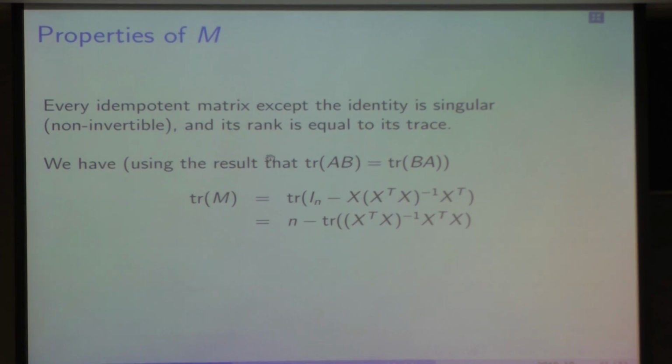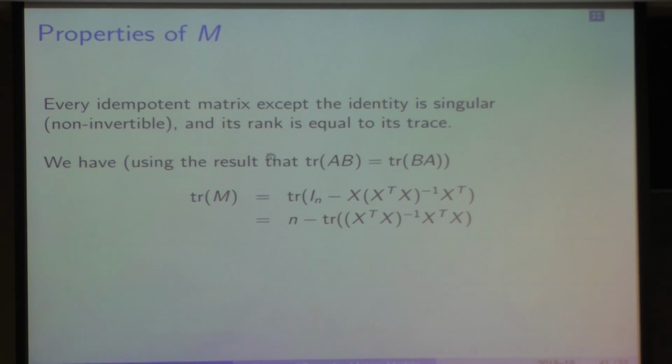Now the trace of the bit on the end, we're going to use one more property of the trace of a matrix, which is that the trace of a product doesn't depend on which order you take the matrices in the product. You'll recall that matrix multiplication is not commutative, so AB is not the same as BA usually, but the trace is the same.